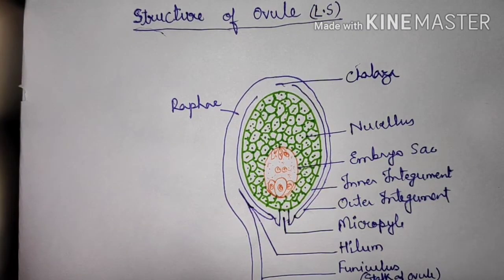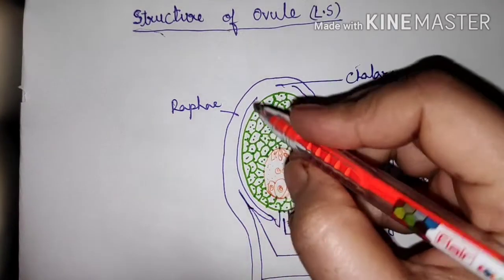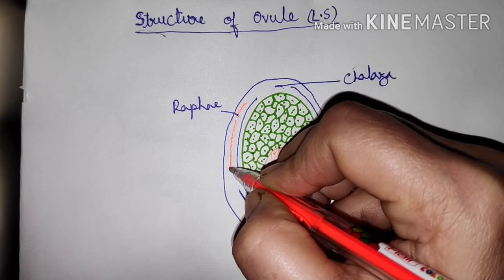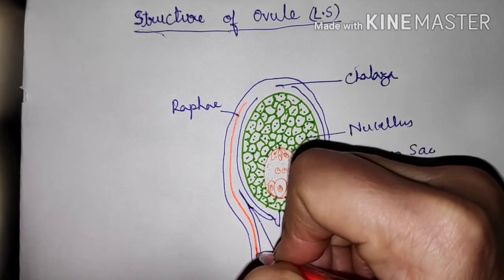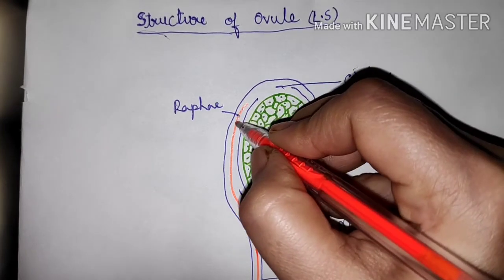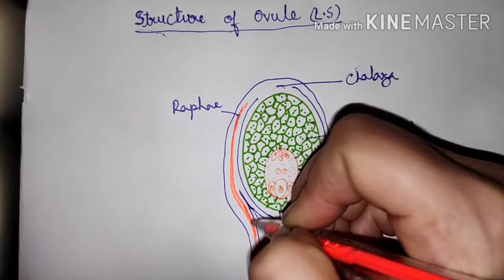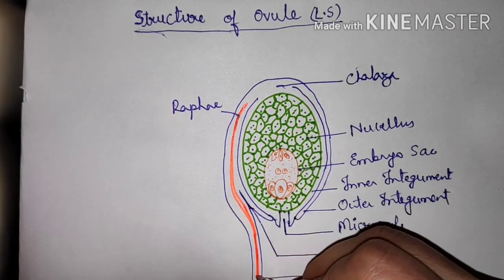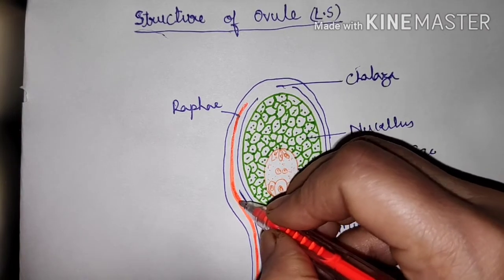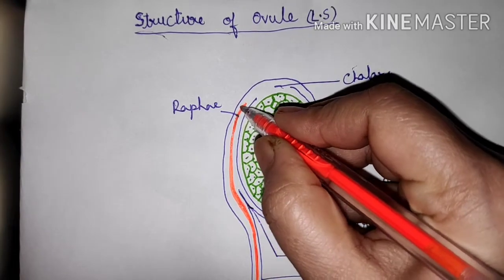raphe. Okay, there is another thing which you should make is the vascular supply. Okay, this is the vascular supply that you have to make, because the funicle which is attached to the placenta, it takes the nutrition from the placenta to the developing ovule.